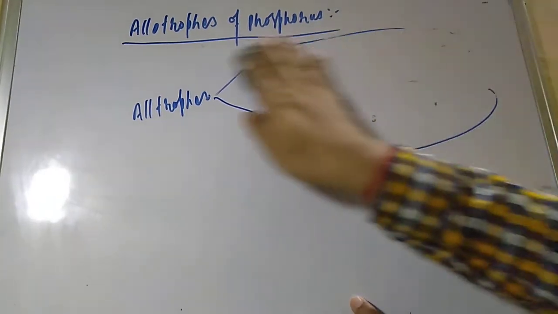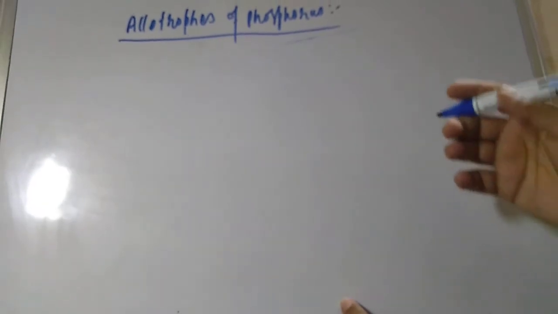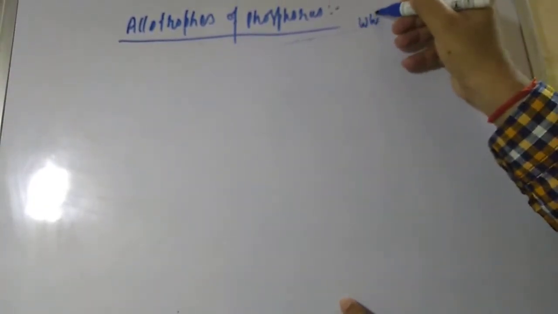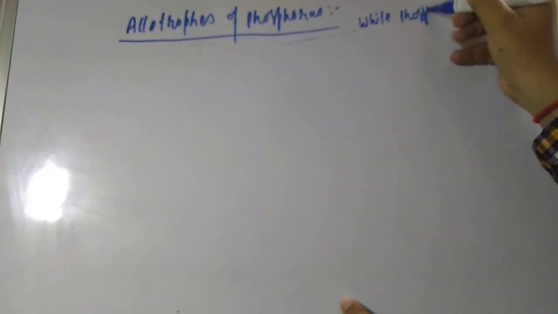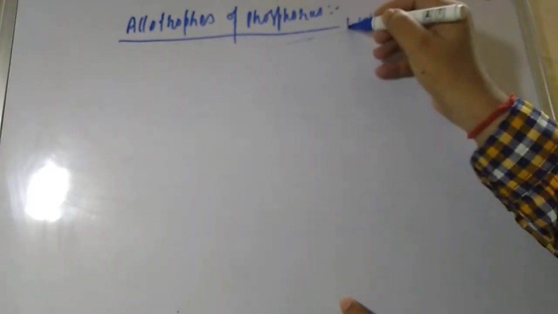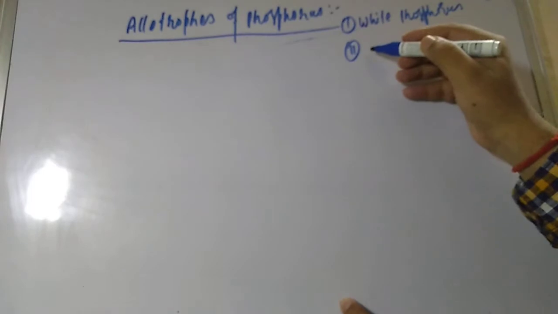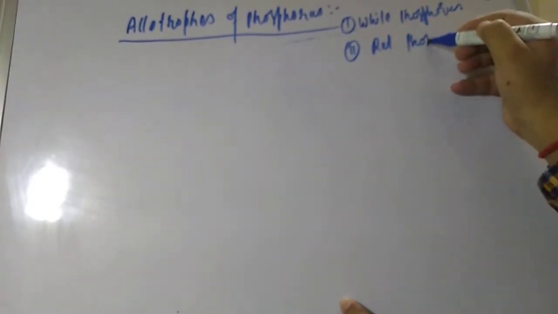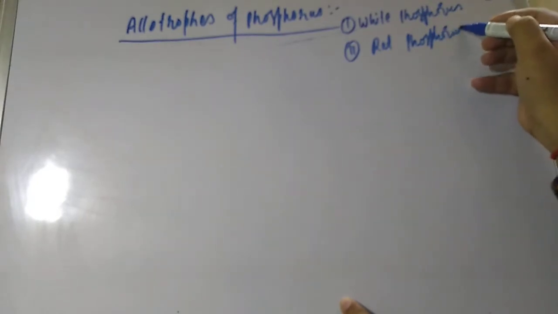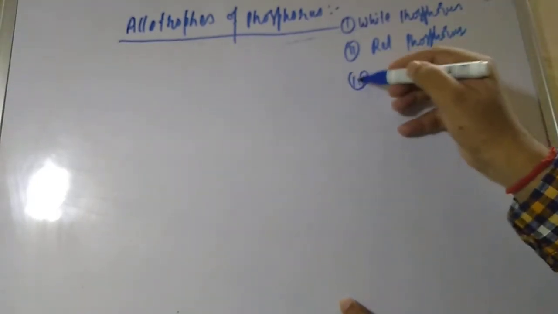Now they are generally found in numerous types of allotropes, but we are going to study only three types of allotrope. First one is white phosphorus. Second one is red phosphorus, and last one is black phosphorus.